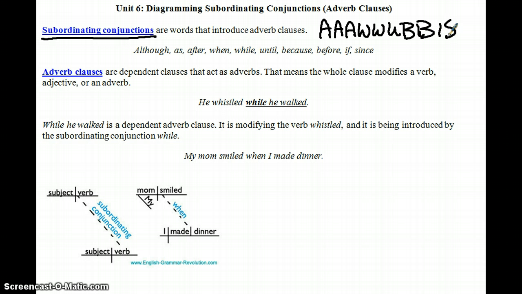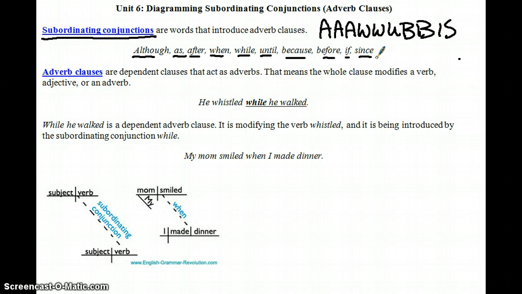A WUBIS: 3 A's, 2 W's, 2 B's. What do they stand for? Although, as, after, when, while, until, because, before, if, and since. If you can remember those AWUBIS words, you'll remember the subordinating conjunctions.